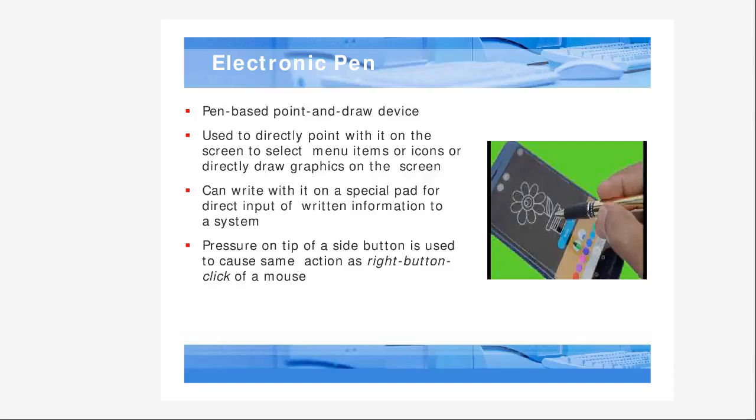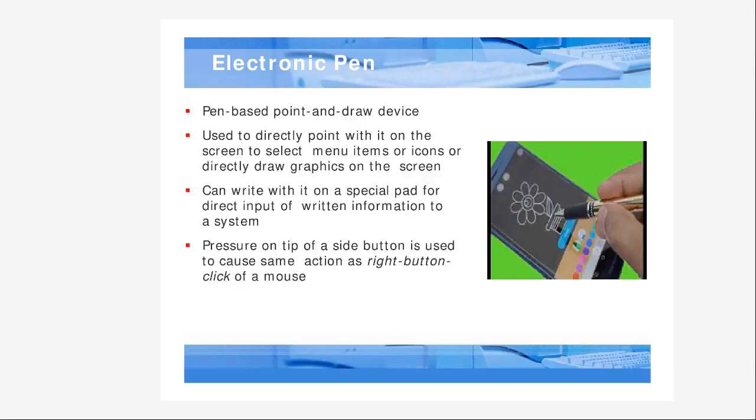First of all, you must find out whether this is an input or an output device. Yes, this is an input device because it is operated by the user. It never gives any result. If you want to store anything in the computer, you must use an input device. So one of the input devices we have discussed now is the electronic pen.